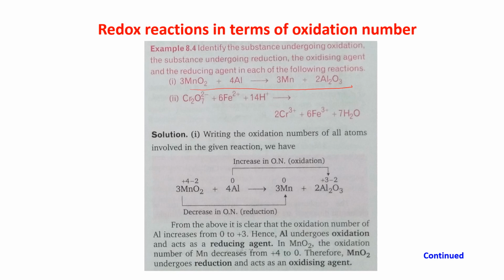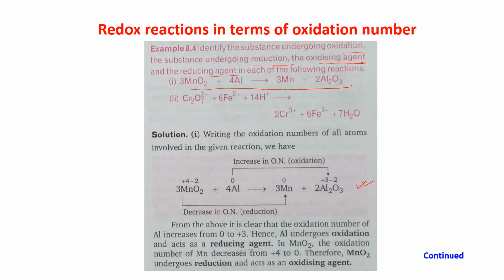You have to identify the substance undergoing oxidation, the substance undergoing reduction, the oxidizing agent and the reducing agent. See the solution. Now here, write down the reaction first and then write down all the oxidation numbers.